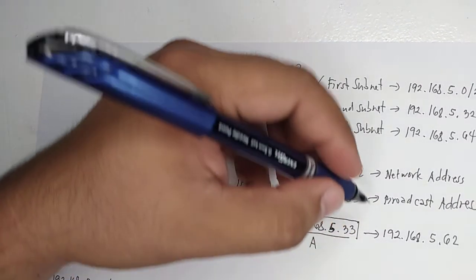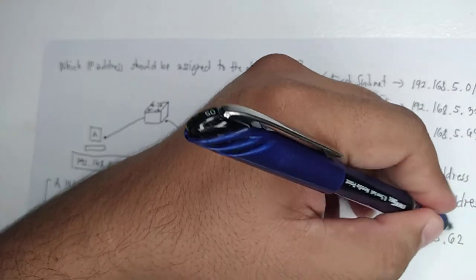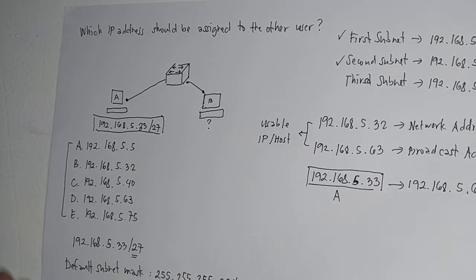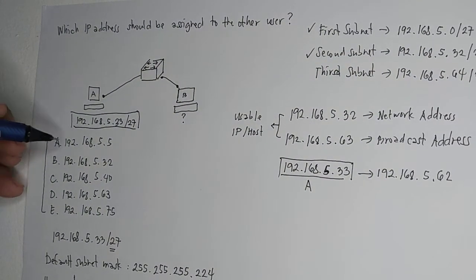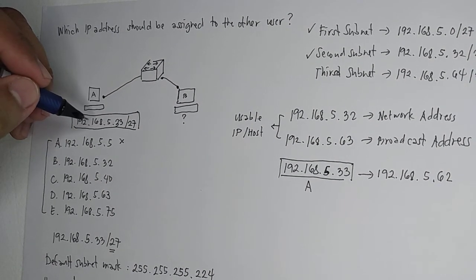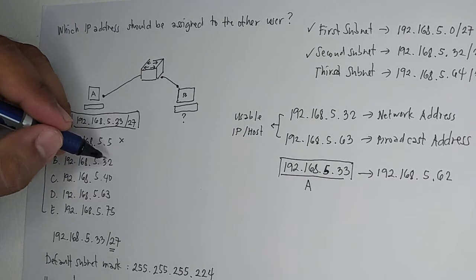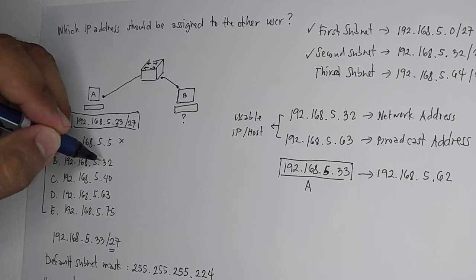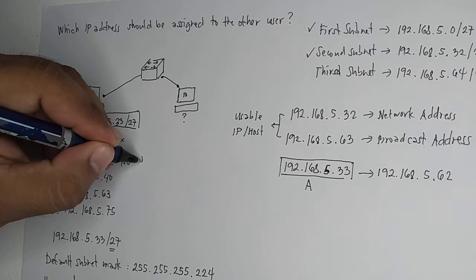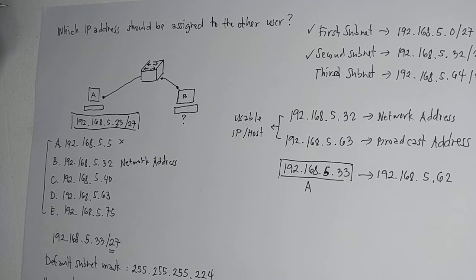Is there any number from dot 33 until dot 32 which actually belongs in the selection? Let us examine. This one belongs to the first subnet, or our network address, the first given. Then dot 32 is a network address, so it should not be assigned to a computer.